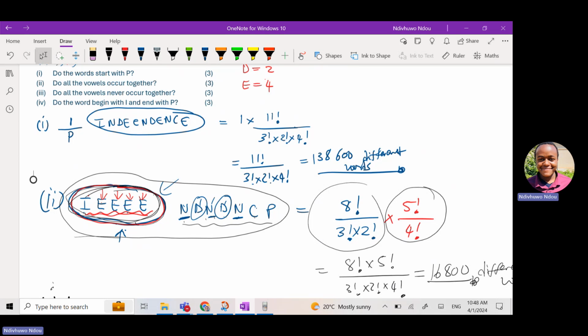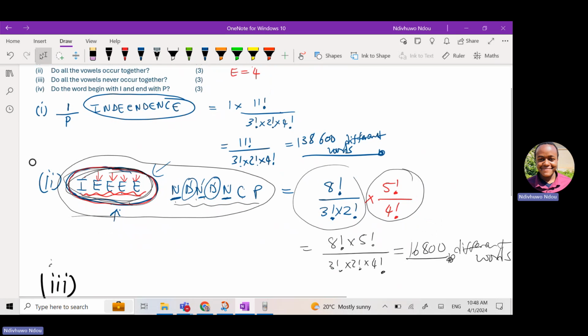Basically, it's a reverse. You calculate the total possible arrangements of the words, minus all the arrangements when they are together. The answer you get will give you the arrangements when the vowels are not together. That's how you calculate, and we call it the not rule.